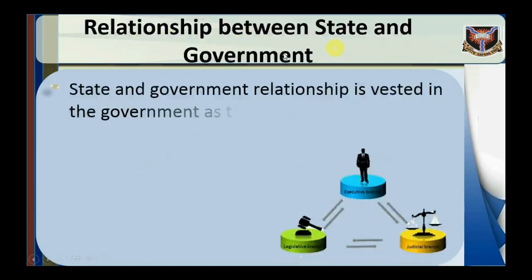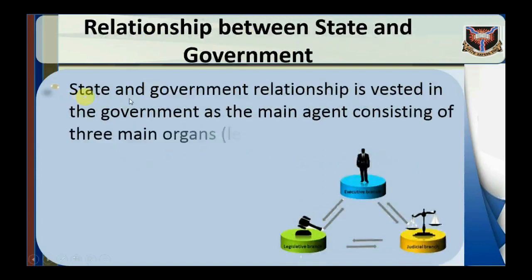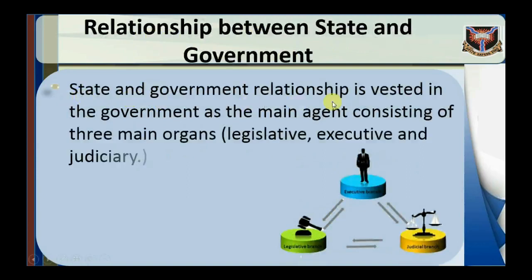Relationship between state and government. State and government relationship is vested in government as the main agent consisting of 3 main organs, that is, legislative, executive, and judiciary.